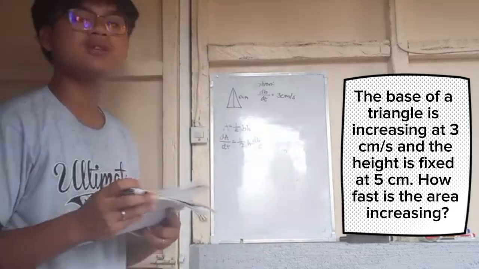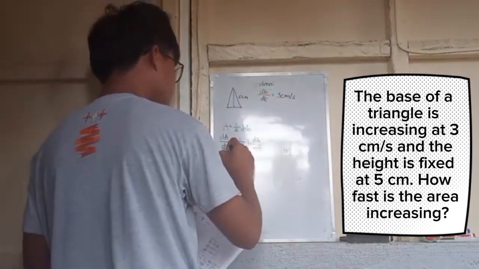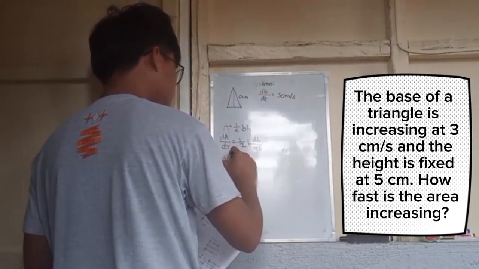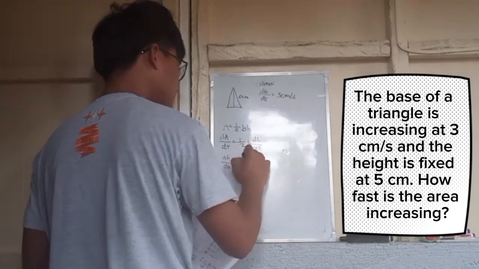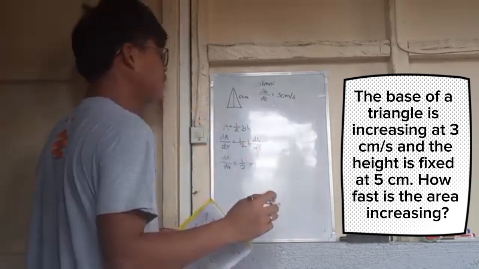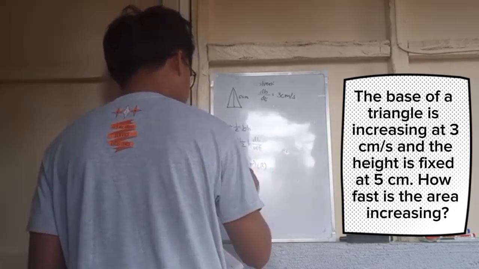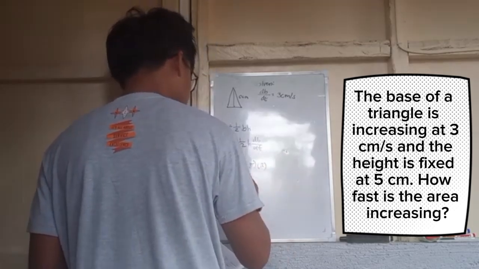So now, we will substitute the given values into the formula. So, dA over dt is equal to 1/2. Substitute the height, which is 5. And our dB over dt is equal to 3.